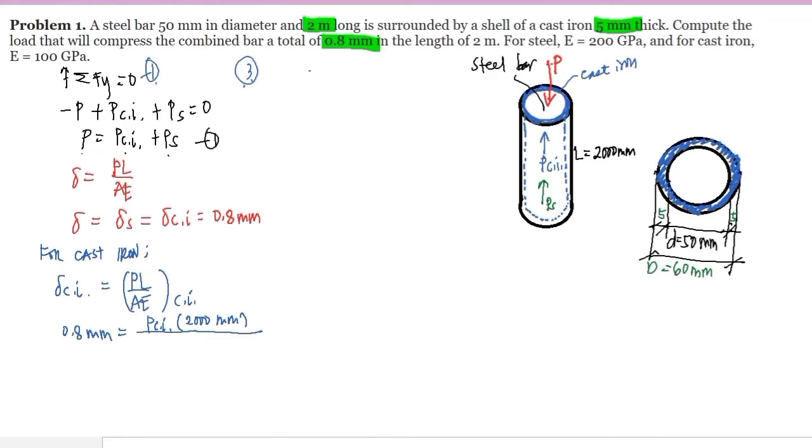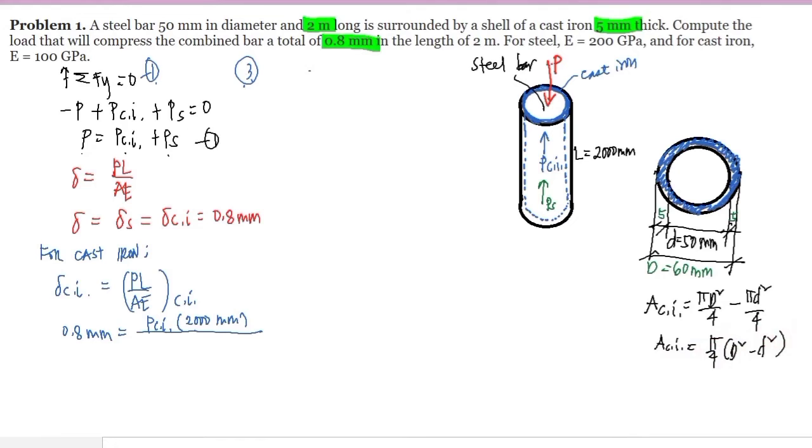Now, we take this area as the difference ng area ng circle outside and inside the circle. So we have the area ng cast iron is equal to the area outside, so that's pi D square over 4 minus the area of the steel bar, which is pi d square over 4. So we have the area of the cast iron is equal to pi over 4 times D square minus d square.